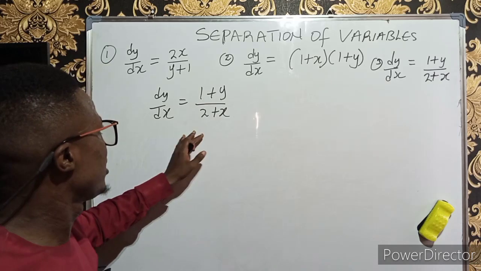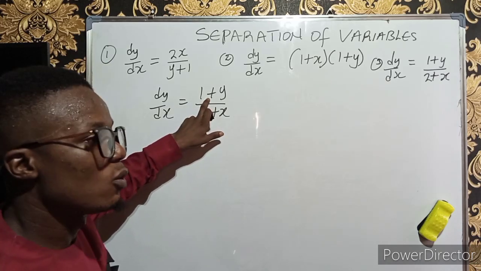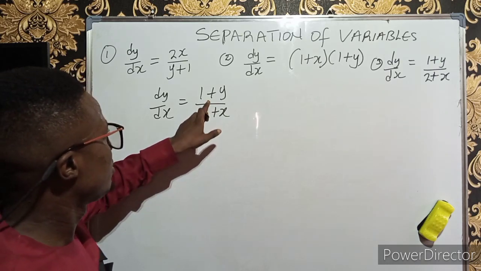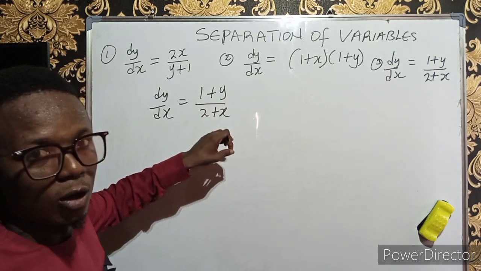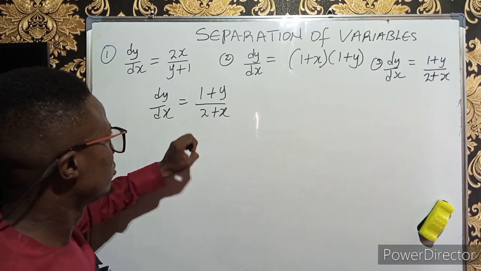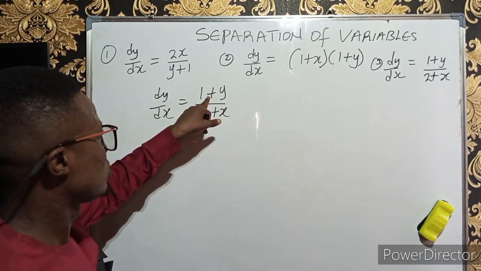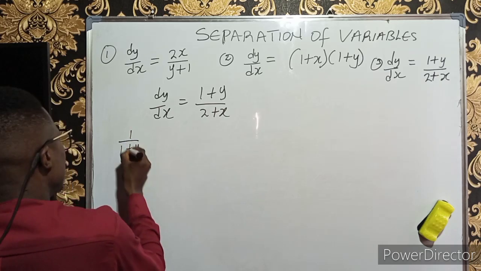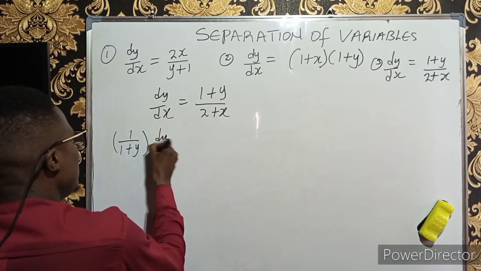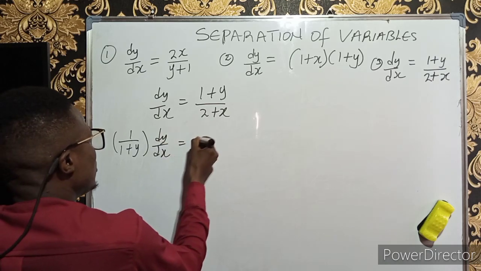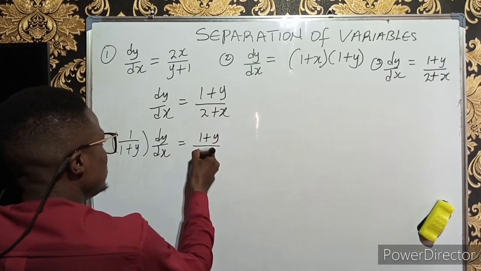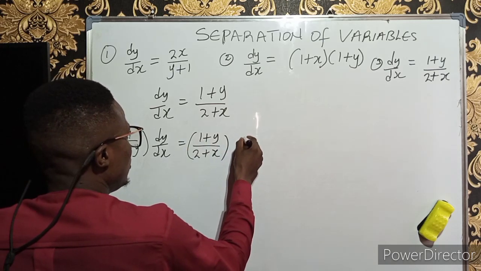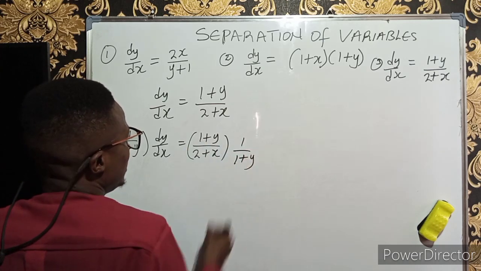So to separate the variables, I need to move this 1 plus y to the left hand side. And how do I do that? I need to divide both sides by 1 plus y, or multiply both sides by 1 over 1 plus y, so that 1 plus y will leave this side. So I will now have 1 over 1 plus y dy over dx equals (1 plus y) over (2 plus x) multiplied by 1 over 1 plus y.